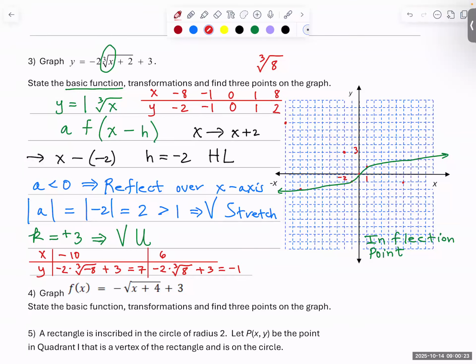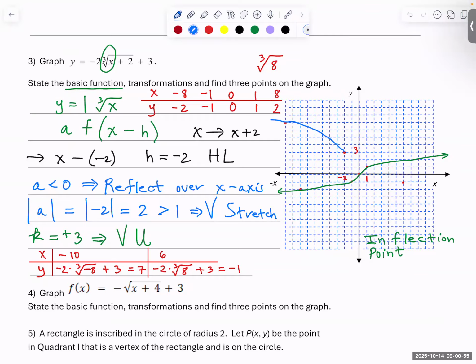So with vertical stretching, the graph will have the following shape. So decreasing on negative infinity. Then we have the inflection point. So now the function, its concavity will be concave right.